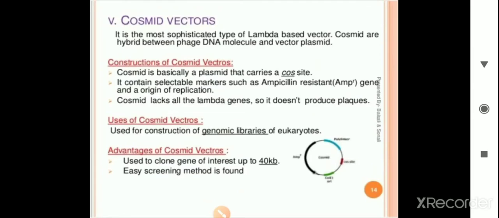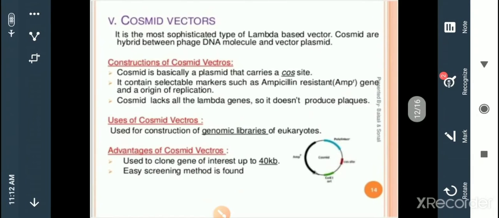There are also some advantages. A very good quality of cosmids is that they are useful for the construction of genomic libraries. Genomic libraries means the sum of the genes of an organism. How many genes there are in an organism, that is called the genomic library. Okay.